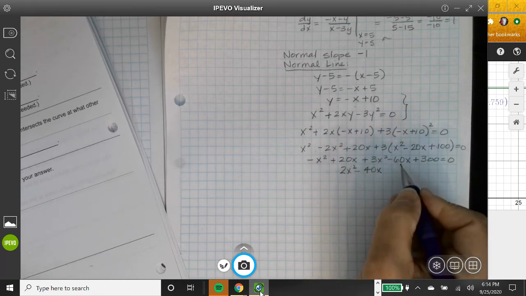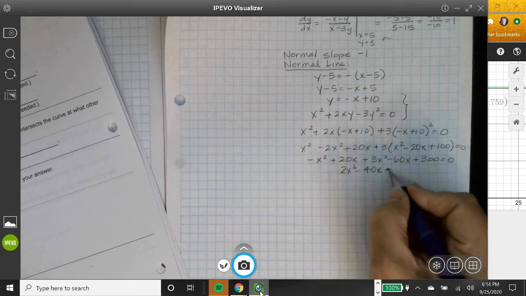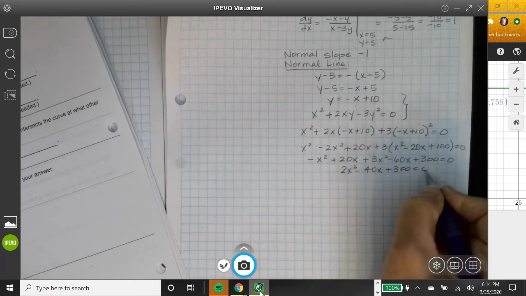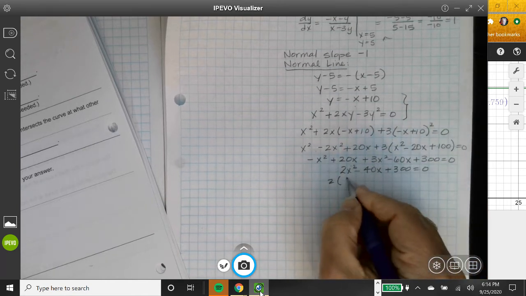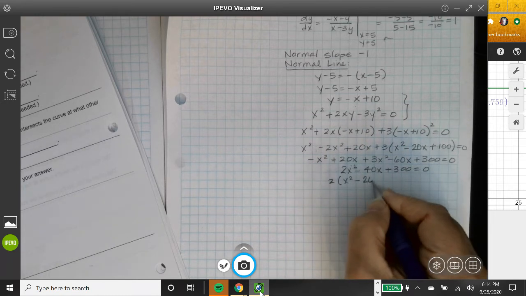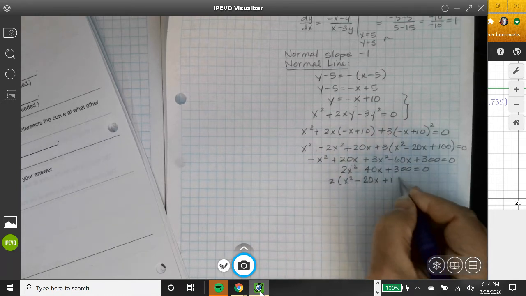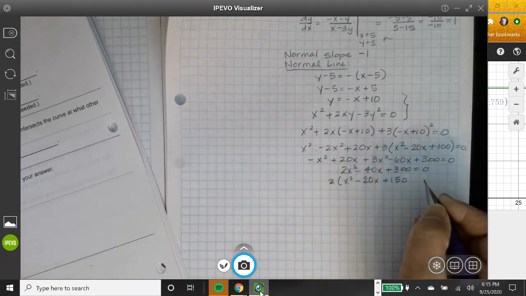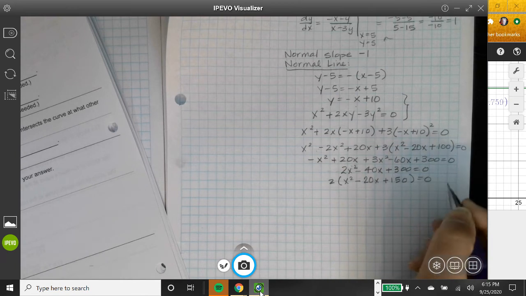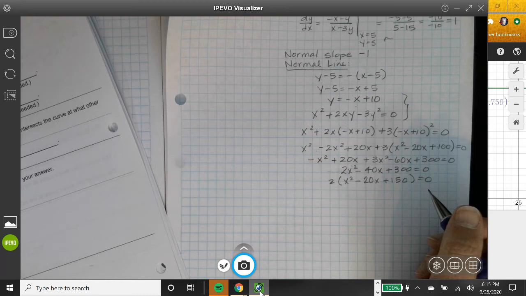This is 20 minus 60, which is negative 40x, plus 300 equals 0. I can factor out a 2. I get x squared minus 20x plus 150 equals 0.